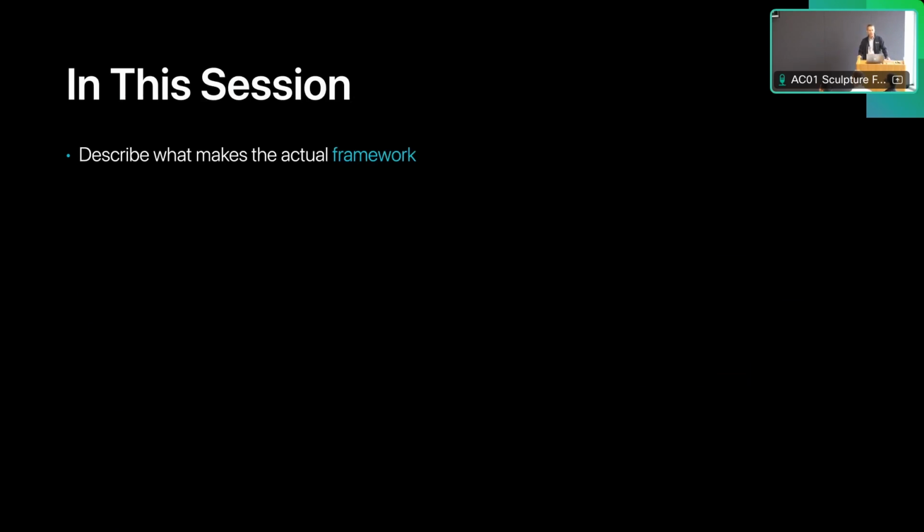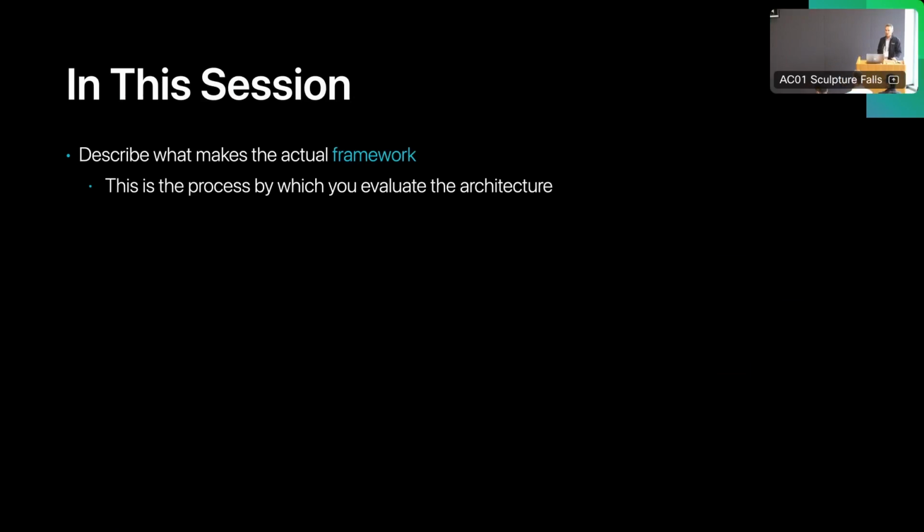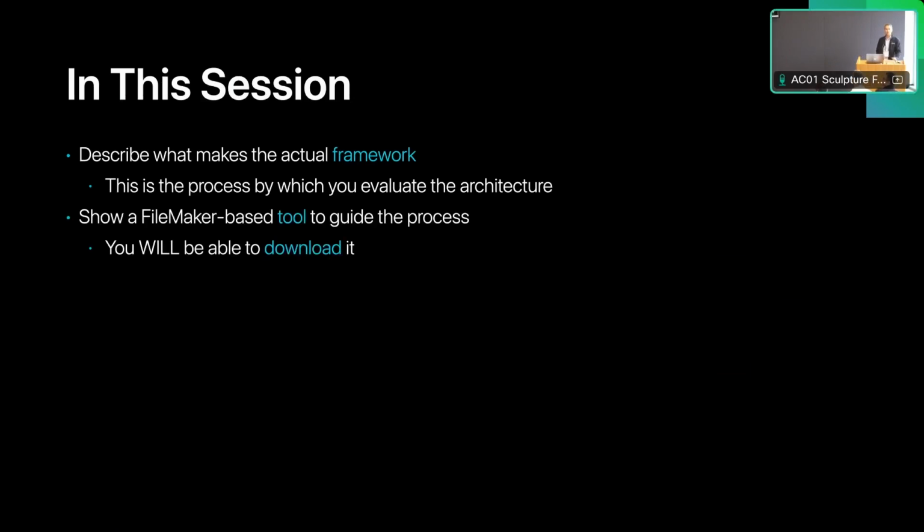So what I'm going to do is describe what the framework is, and what the different building blocks are. Again, this is the process that you use to evaluate your architecture. I'm going to show you a FileMaker-based tool that Mike Duncan developed that you can use to guide you through the process, and you will get access to that tool. And I just want to point out that the framework is just that.